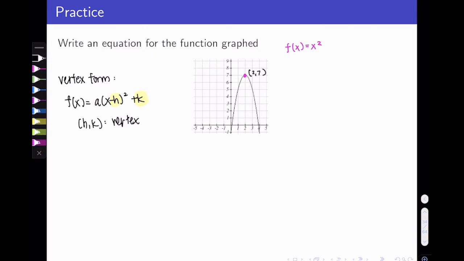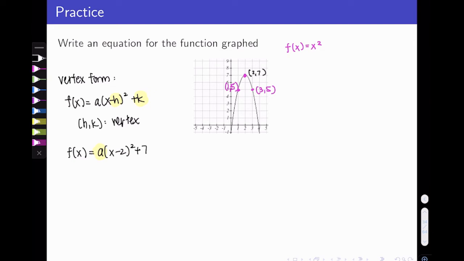We can plug those into our vertex form. Now, if we want to find a, we just need to find another point on the graph, which we can identify as (3, 5). Alternatively, you could use (1, 5) as well. These are just easily found points on the graph.